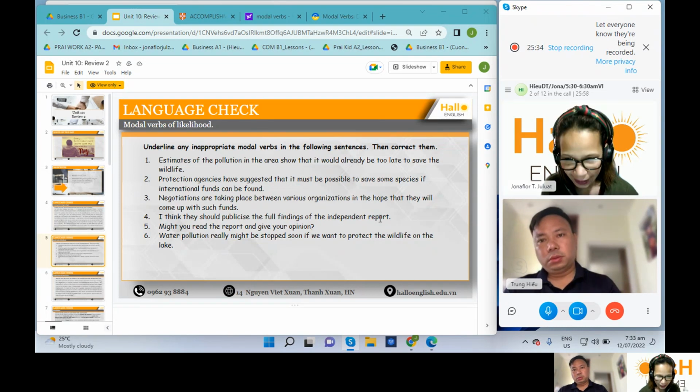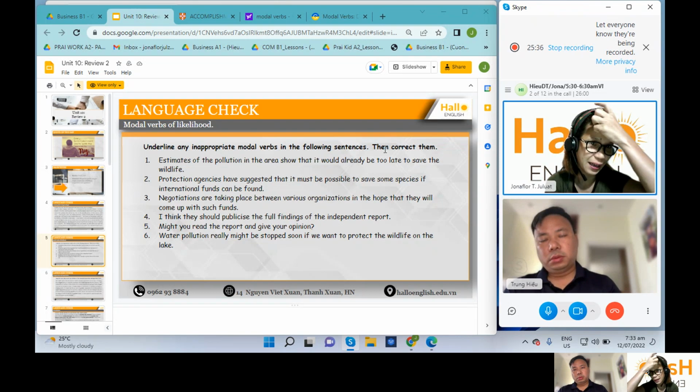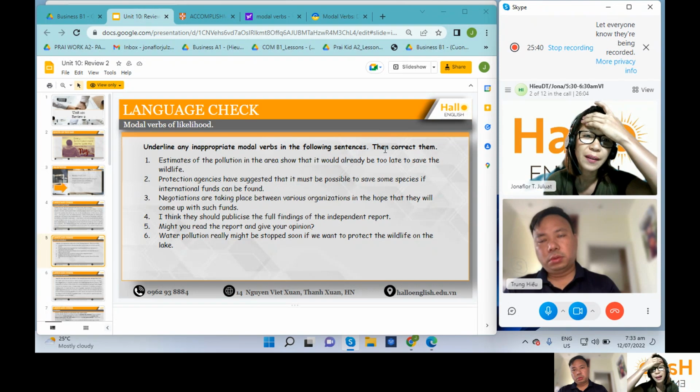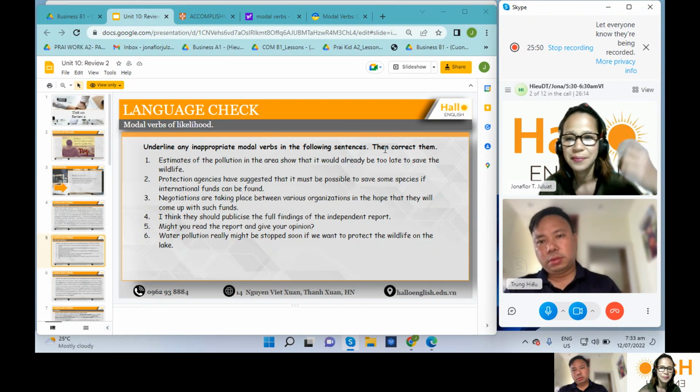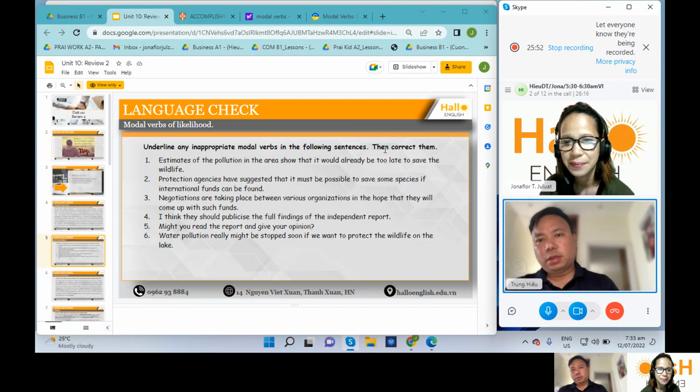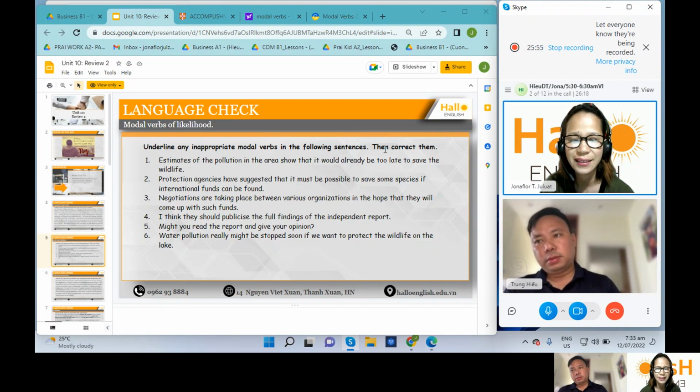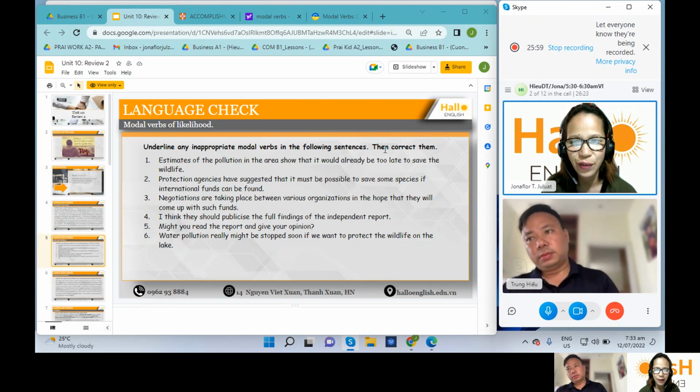From the word I think, what's the best modal verb you will use? Good. Yes, could. All right, number 5.